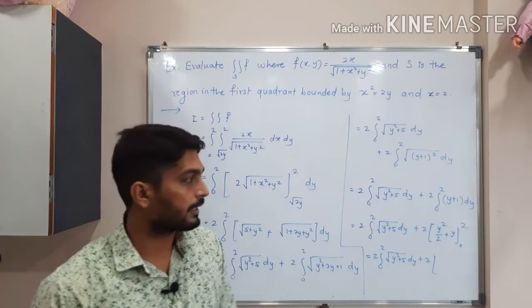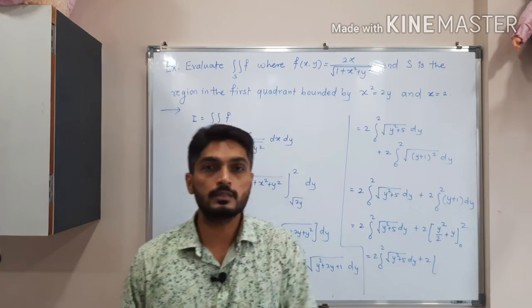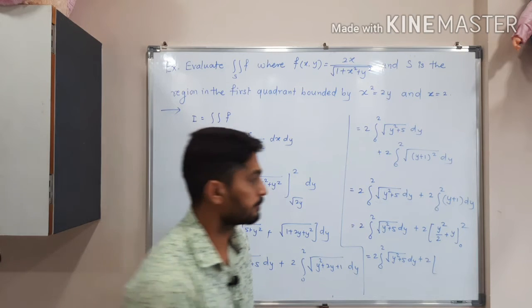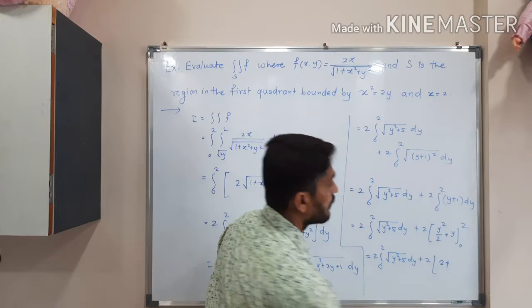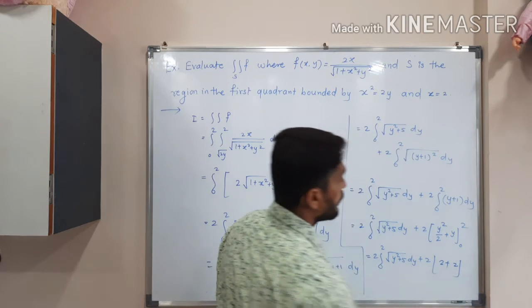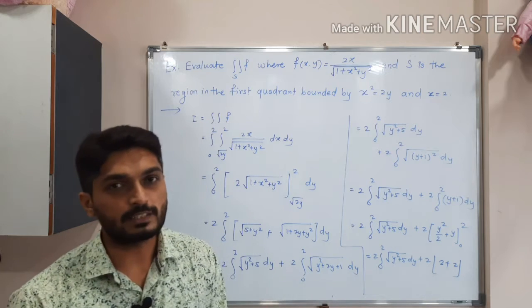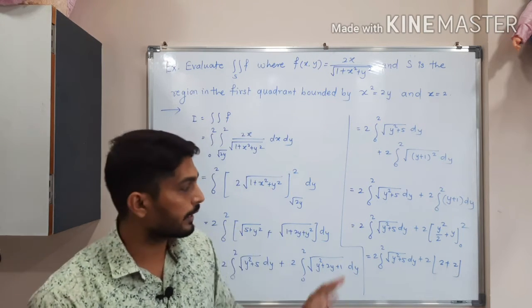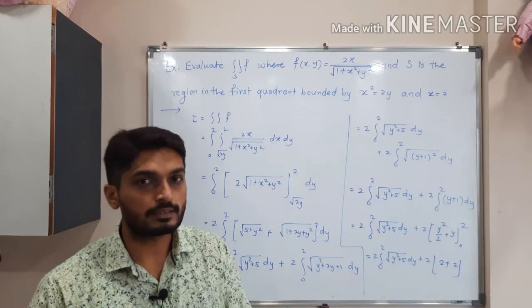See, if I put the upper limit 2 here, 2 square is 4, but in the denominator there is a 2, so the 2 will get cancelled. And if I put the upper limit 2 here again, we'll have 2. And if I put 0, obviously we'll have 0. So you can easily tell me 2 plus 2 is 4, into 2, 8. So that means the first integral plus 8, this thing we get here.